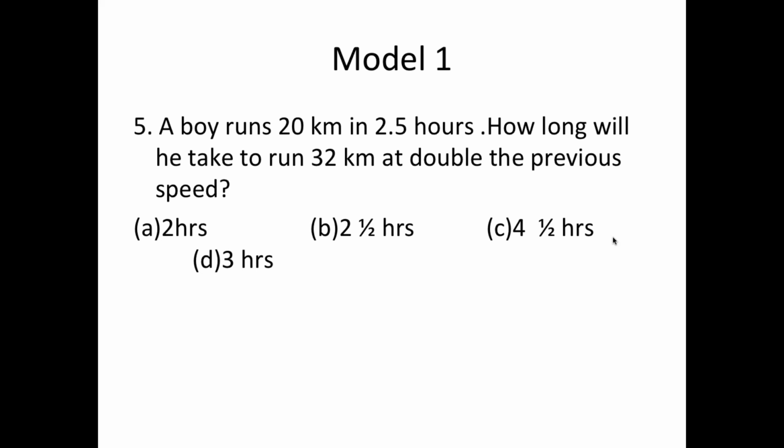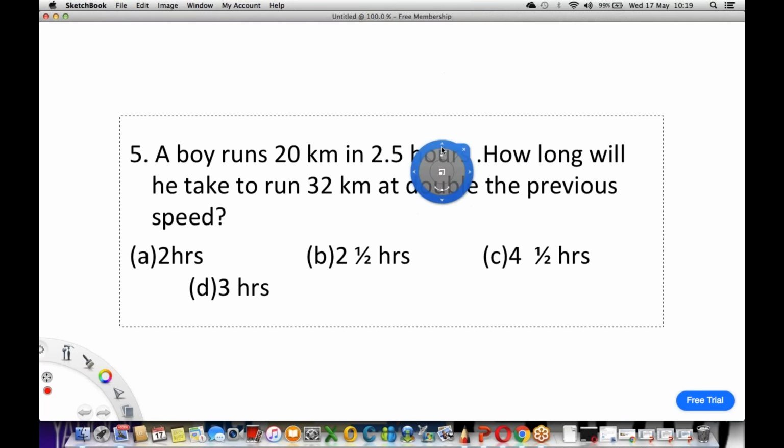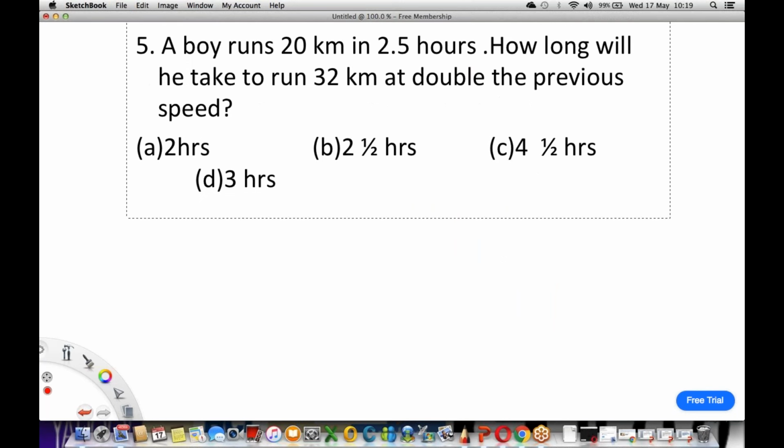So from the given information, a boy runs 20 kilometers in 2.5 hours. By looking at the given information, it was very clear that a boy runs 20 kilometers in 2.5 hours.